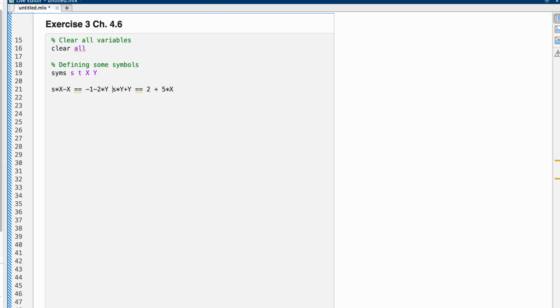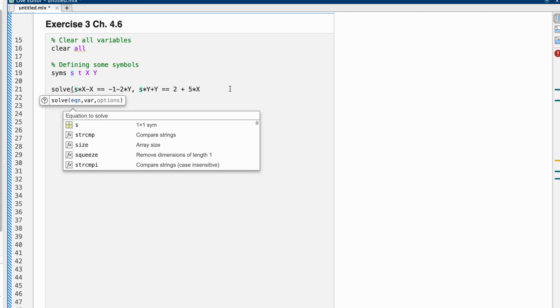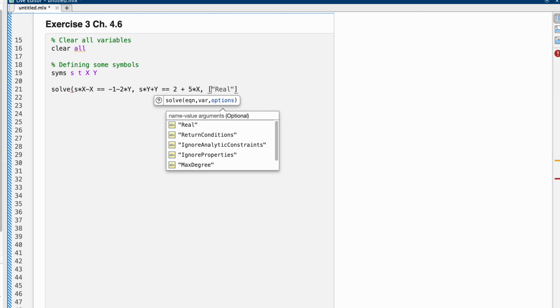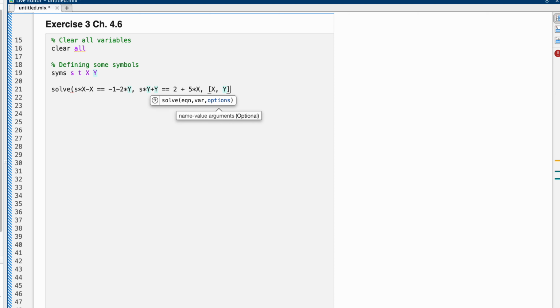And now we can put these into the solve function, and we can ask it to solve for X and Y. And we want it to output into X and Y so that it redefines them. I'm not going to put a semicolon here. And if we did things correctly, let me see. sX minus big X plus, because that was going to be minus 1 minus 2Y.